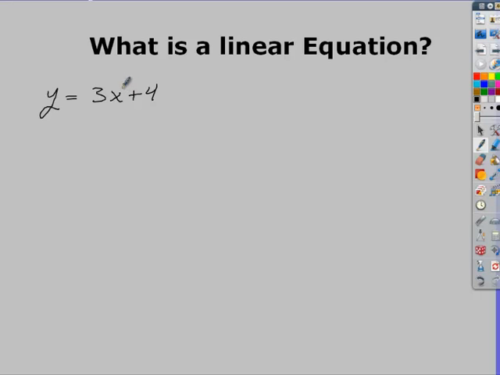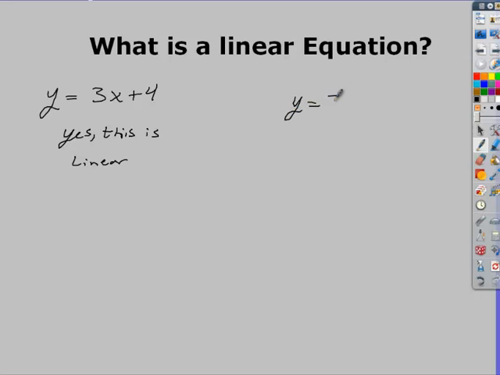Right, we only have one x, and if you look right here, the power is not written, which means that it has a power of 1. That is a linear equation. So yes, this is linear. Okay, and the only reason why I know that is because the biggest power on x is 1.